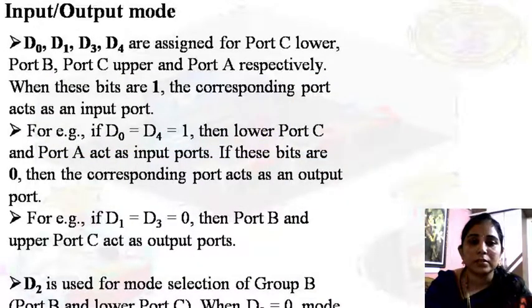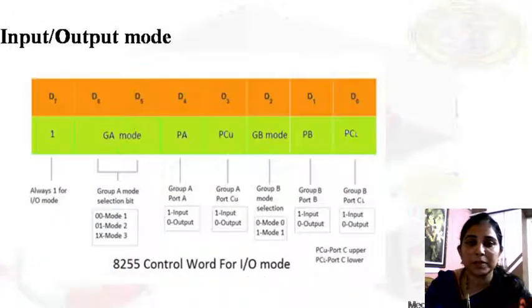So these are the details. D0, D1, D3, D4 are assigned for port C lower, port B, port C upper and port A respectively. I can also show you in this diagram that D0 is for port C lower, D1 port B, D2 group B mode, D3 port C upper.